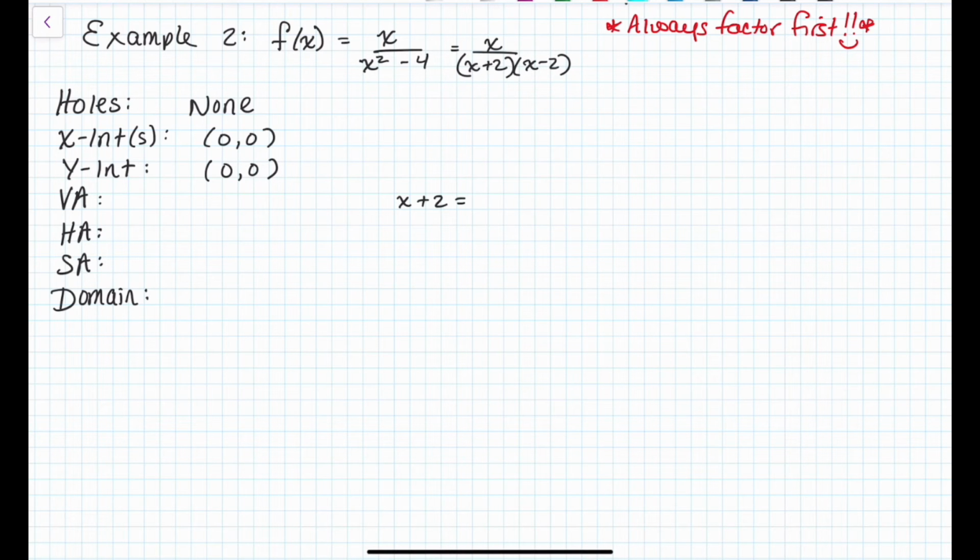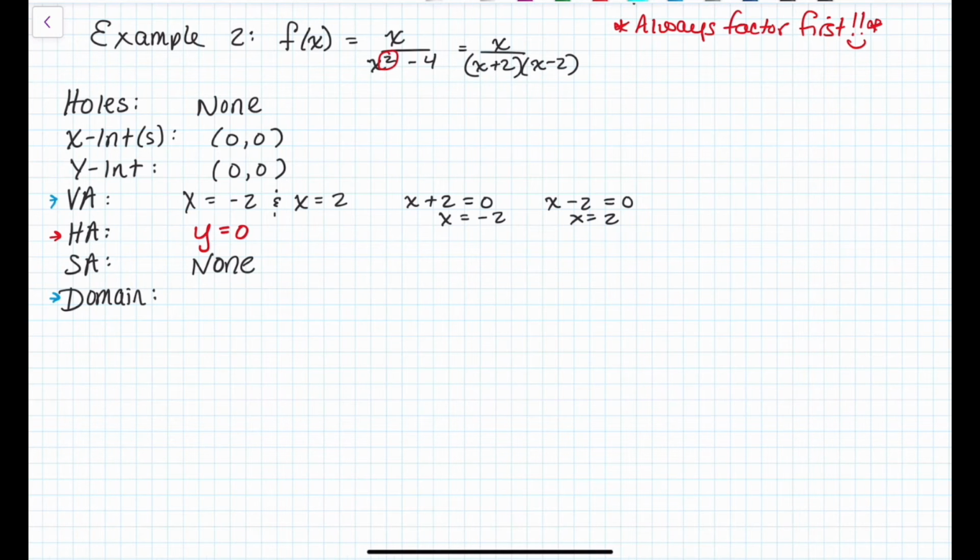Okay, so the vertical asymptote, in this case, we're going to have two vertical asymptotes at x equals -2 and x equals 2. Remember to write those as equations, not just the number. And then the horizontal asymptote. So in this case, the number is bigger on the bottom, the exponent, so we get a horizontal asymptote of y equals 0, which means we don't have a slant asymptote.